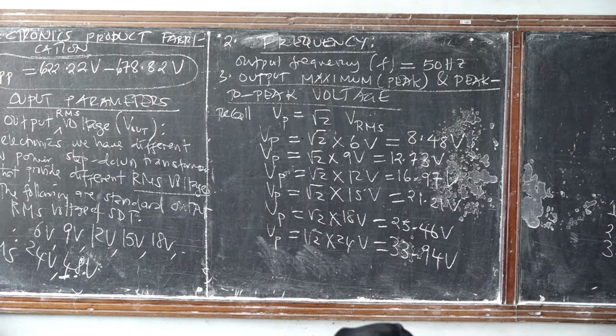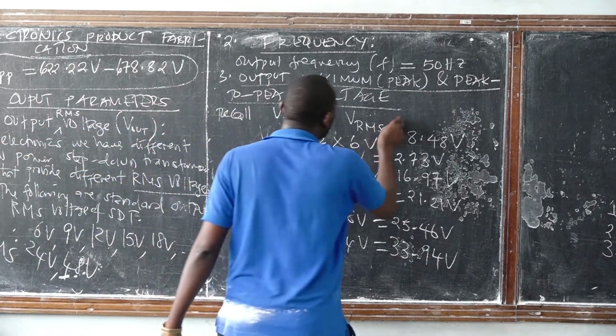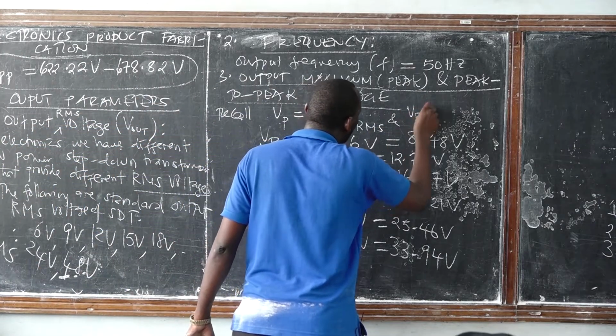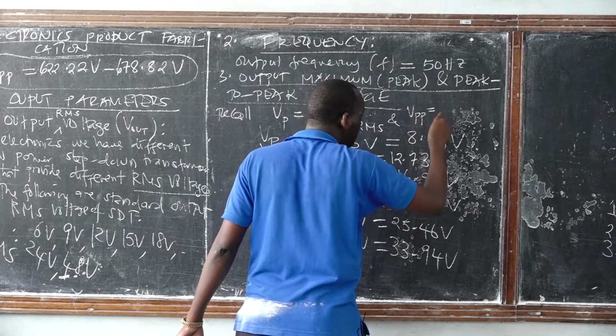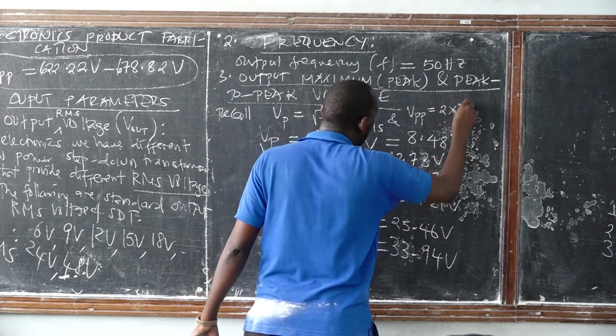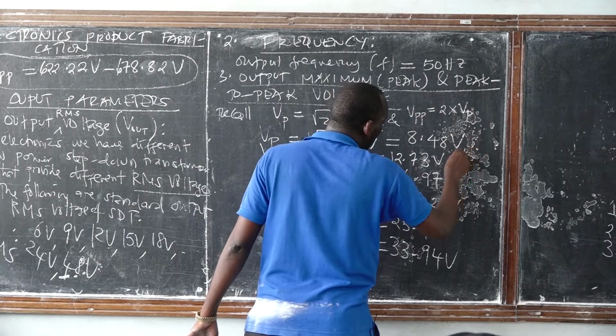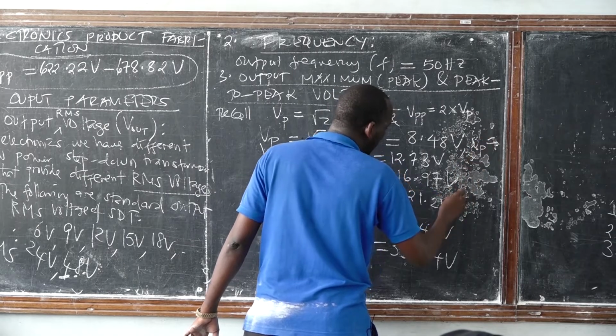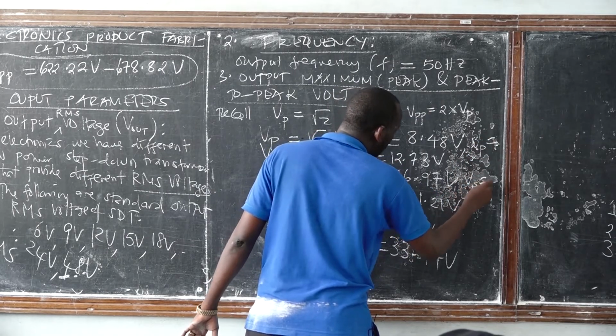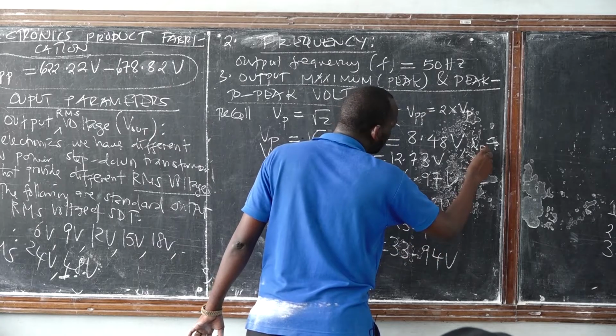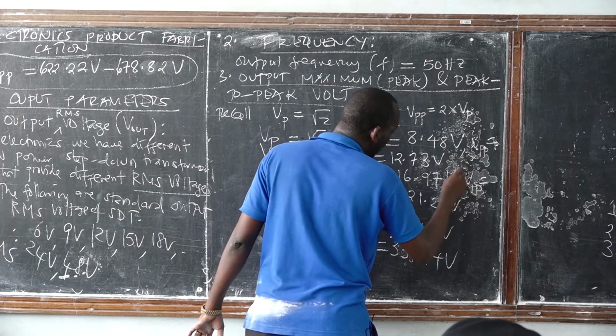So you do remember that V peak is equal to square root of 2 times what? So calculate the V peak of this point, and calculate V peak to peak here.